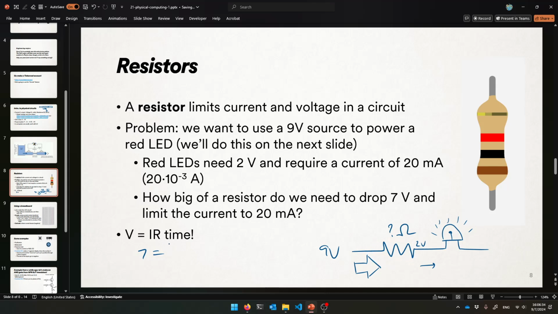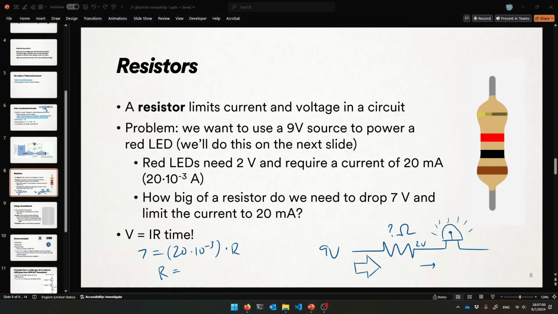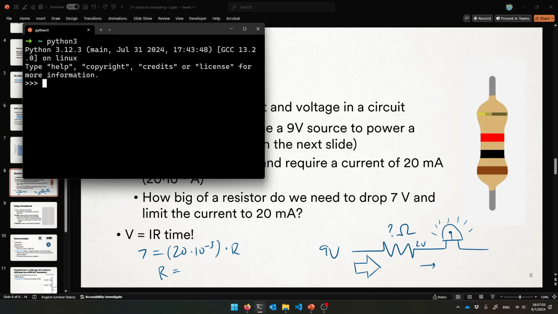And so we put 7 there. 7 volts is equal to how much resistance times how much current we are going to draw. So it's going to be 20 times 10 to the minus 3 amps, multiplied by R. If you solve for R, that will tell you how big a resistor you want to put here to limit that voltage. So we've got 7 over 20 times 10 to the negative 3.